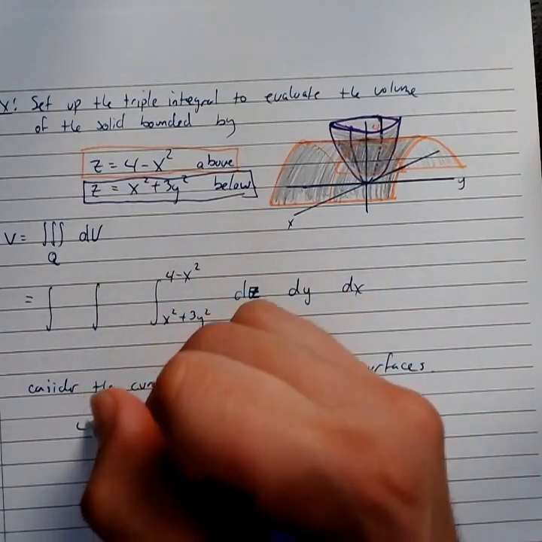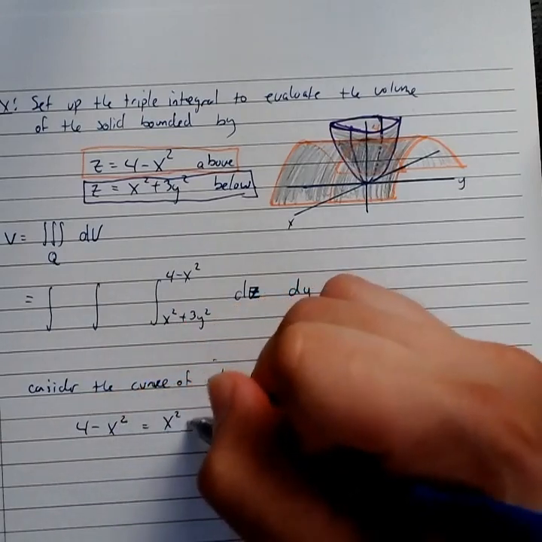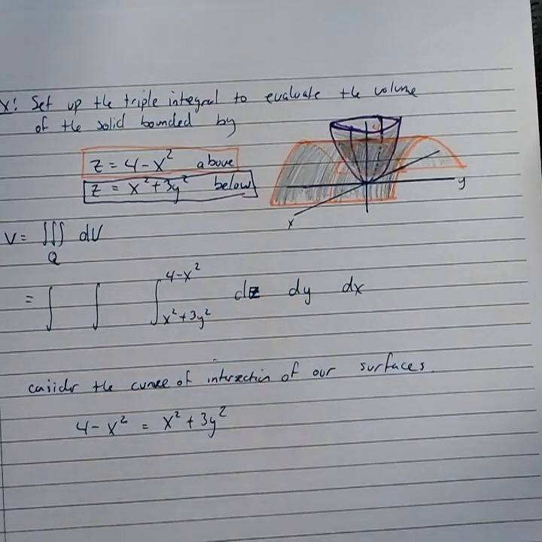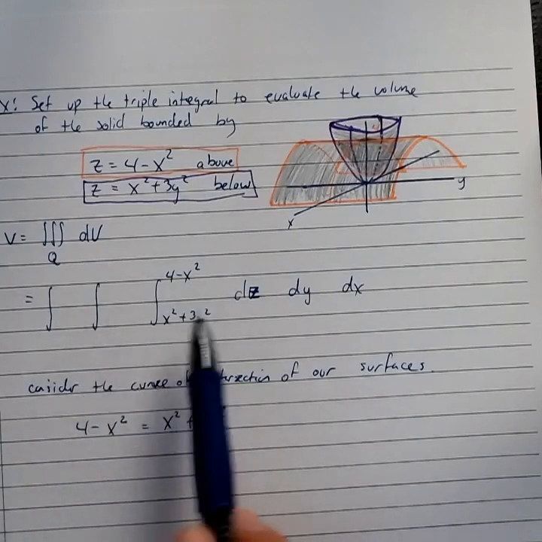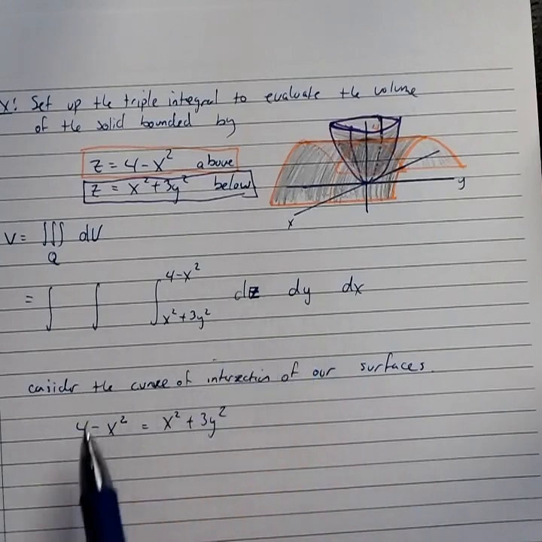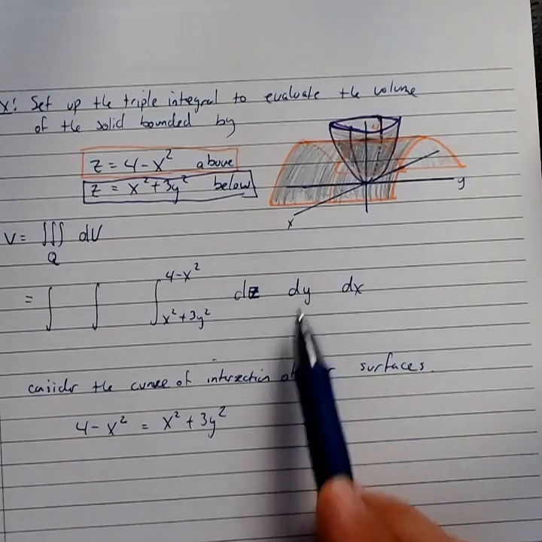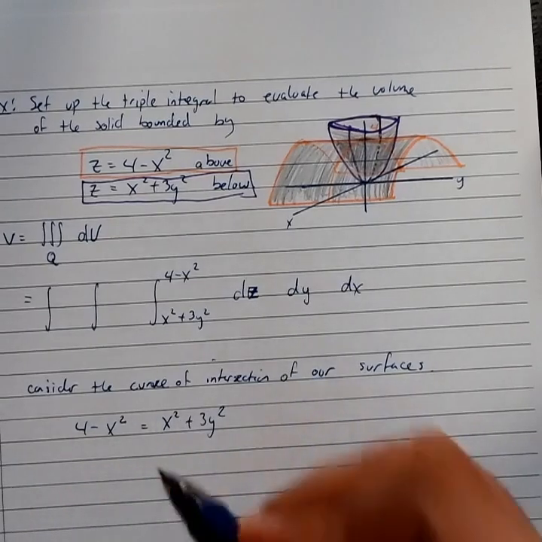So that's going to be 4 minus x squared is equal to x squared plus 3y squared. Notice this is what we want. We're trying to describe these using only the remaining variables, no more x. And that's precisely what we have here. Here I'm trying to describe y in particular, so let me isolate my y.